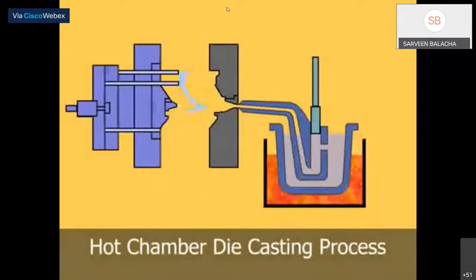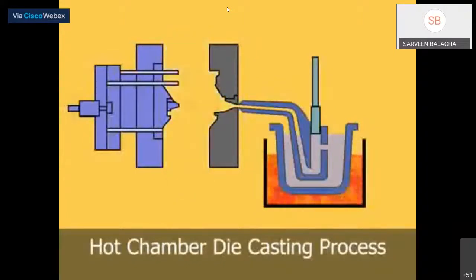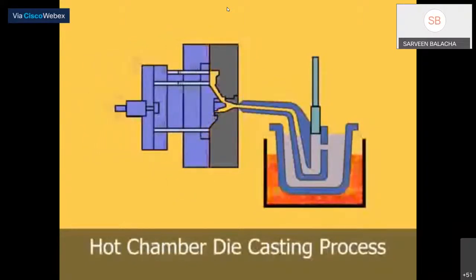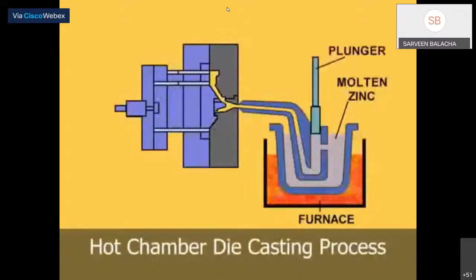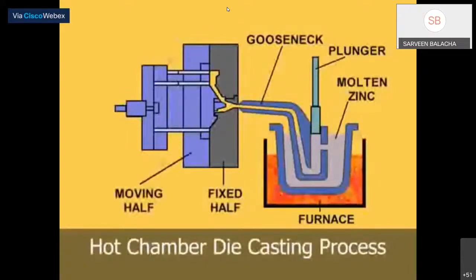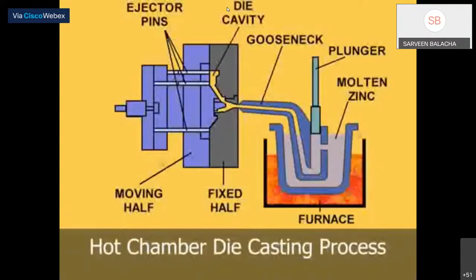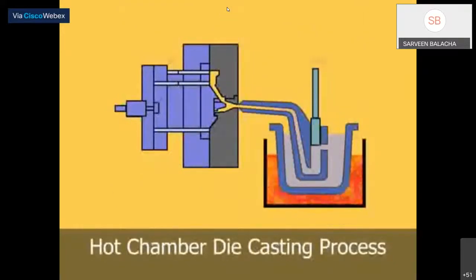Hot chamber machines are used primarily for zinc, copper, magnesium, lead, and other low melting point alloys that do not readily attack and erode metal pots, cylinders, and plungers. The injection mechanism of a hot chamber machine is immersed in the molten metal bath of a metal holding furnace. The furnace is attached to the machine by a metal feed system called a gooseneck.